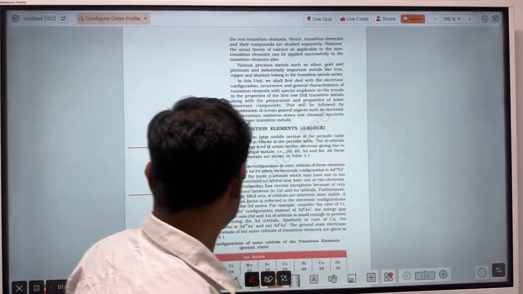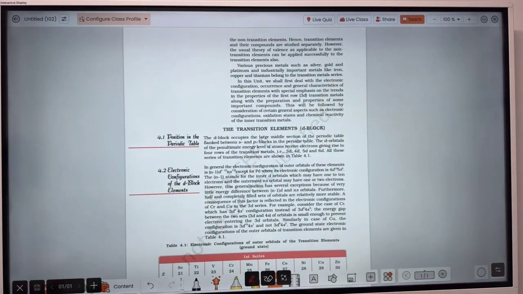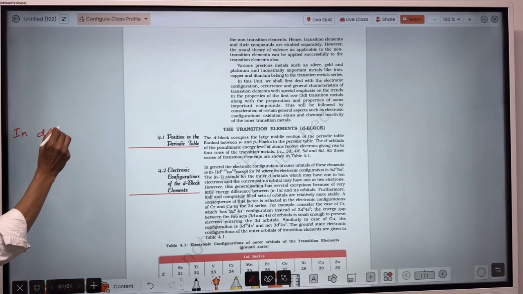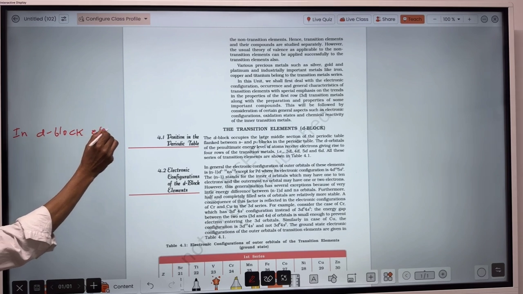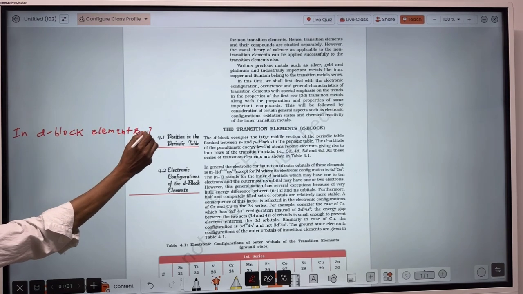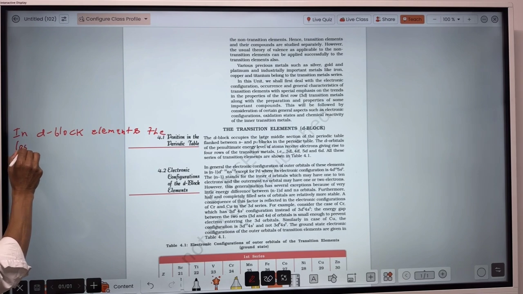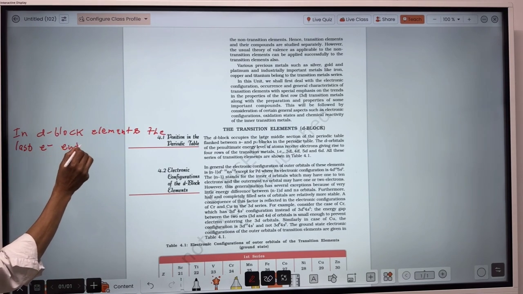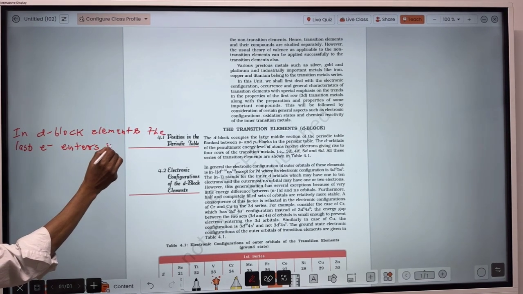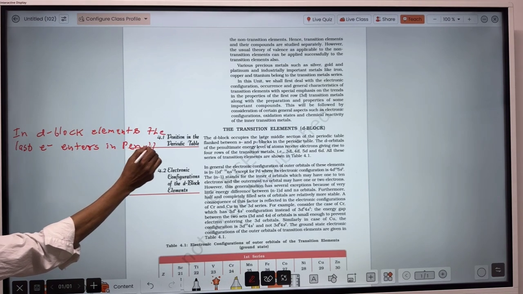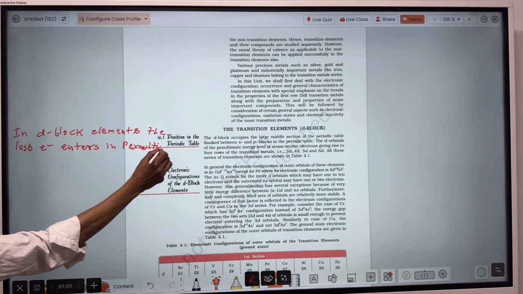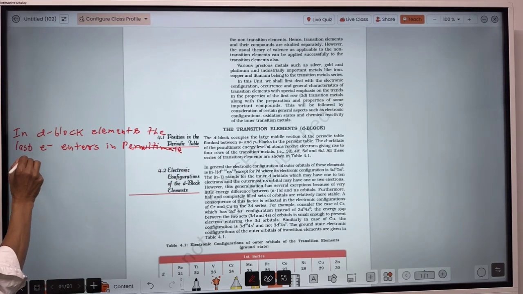So in D block elements, the last electron enters the penultimate shell. In the case of F block elements, the last electron enters the inner penultimate shell.